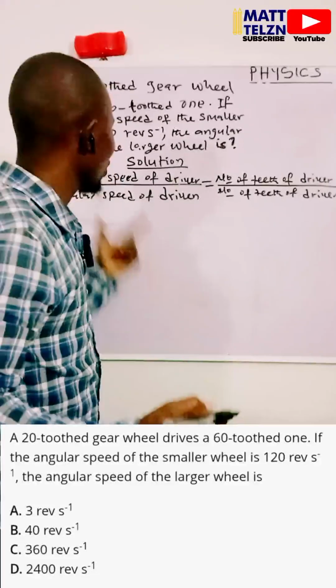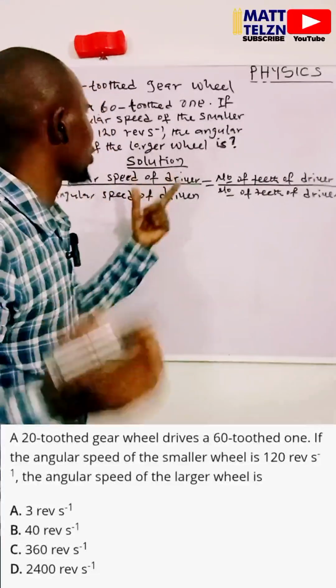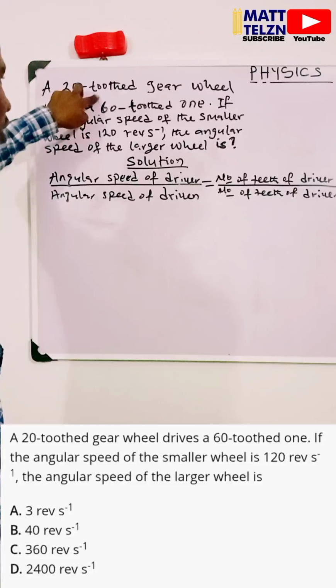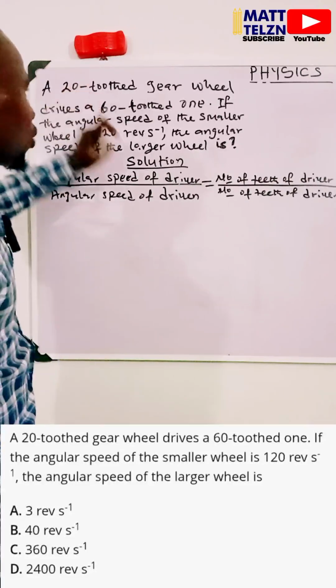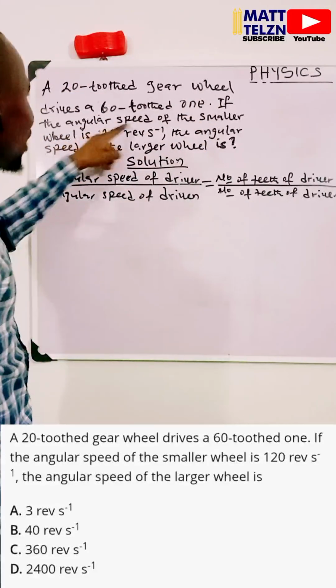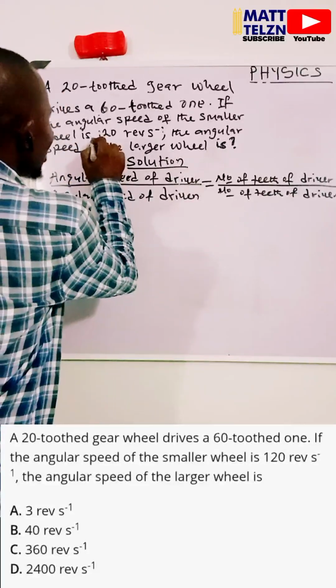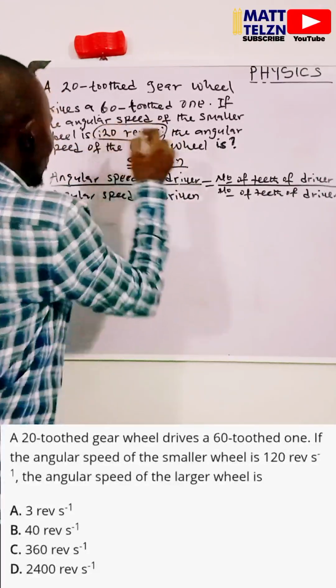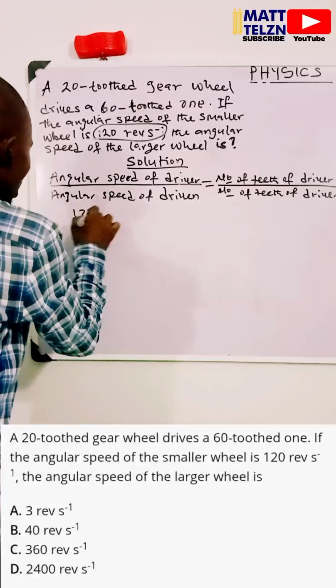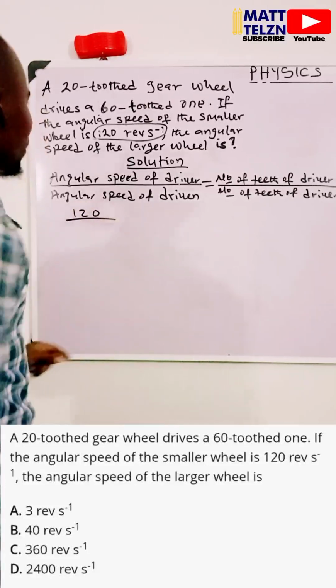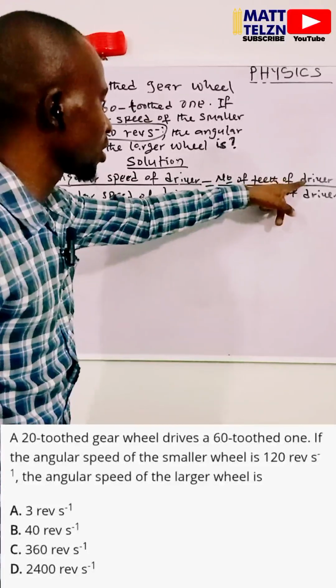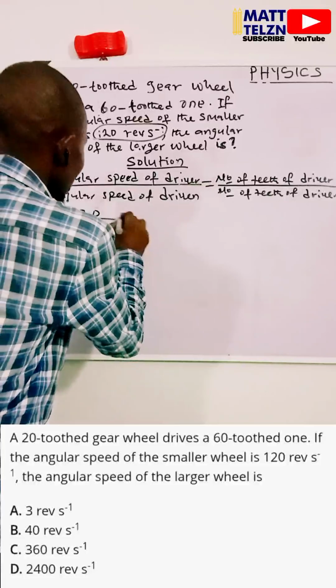So let's get our angular speed of the driver. This is the driver here, the smaller wheel, with an angular speed of 120. So I have 120 divided by the number of teeth of the driver, which is 20.